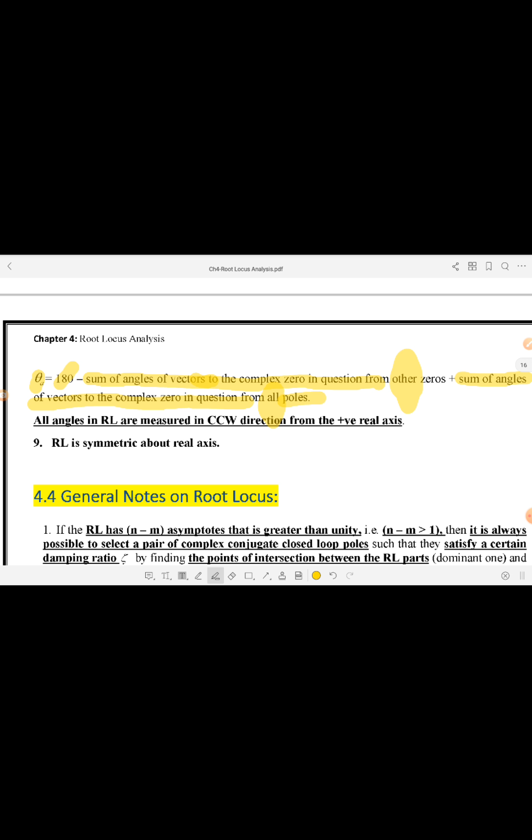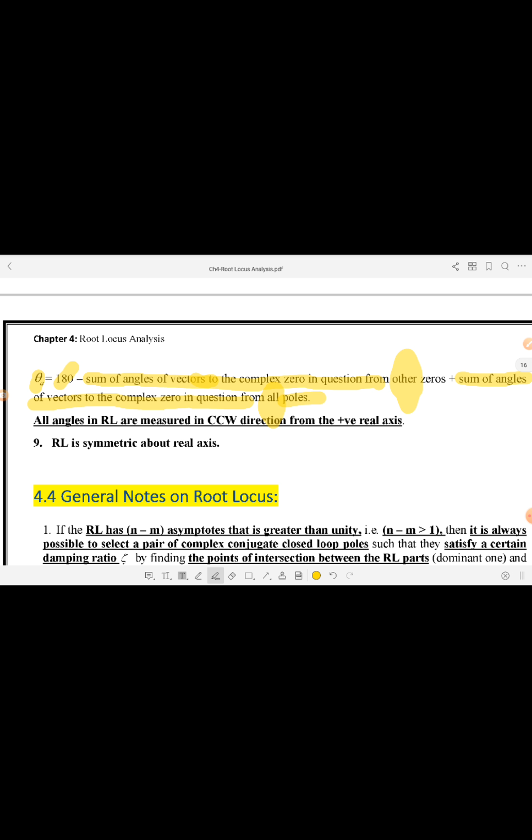And in this way we find the angle of departure and angle of arrival for the concerned pole or zero of the GH loop transfer function.